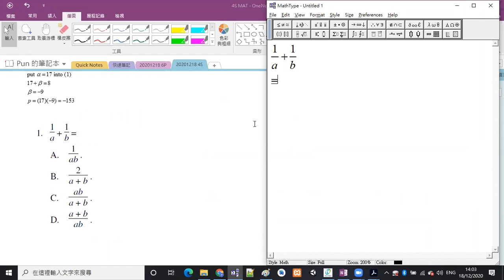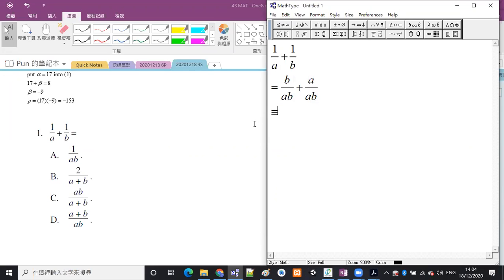I don't know how everyone learned this in junior secondary, so I will try to be as detailed as possible, okay? But for some steps you can skip them. So I need to make the two fractions having the same denominator by multiplying the same numbers to the top and to the bottom of each fraction, okay? To make them having equal denominators, okay?